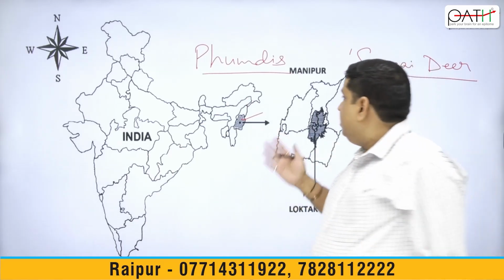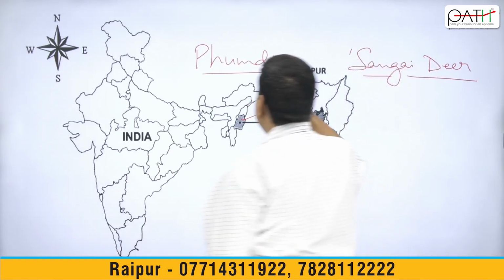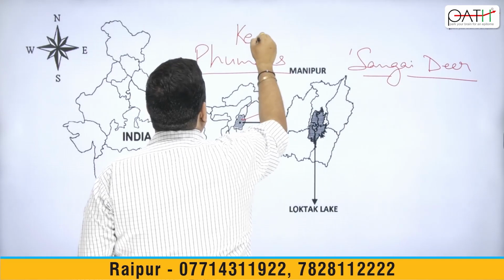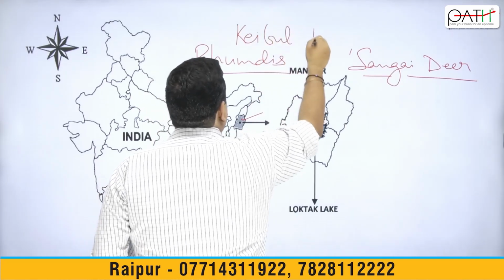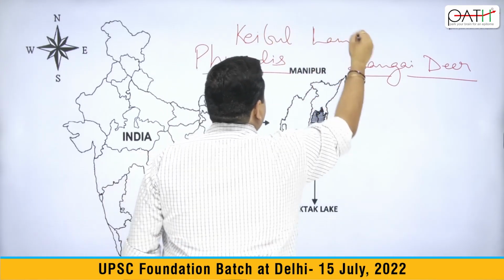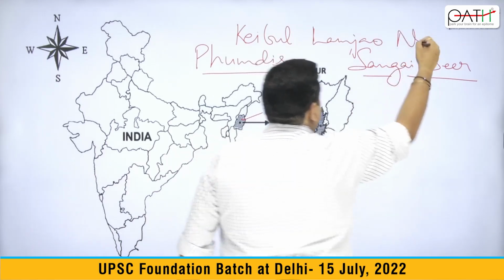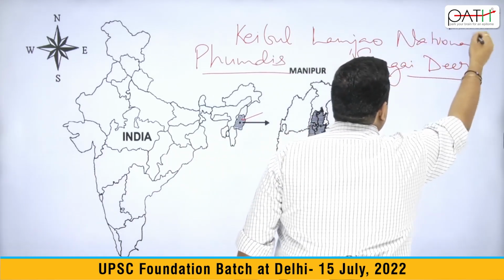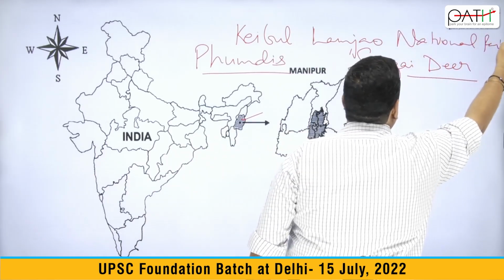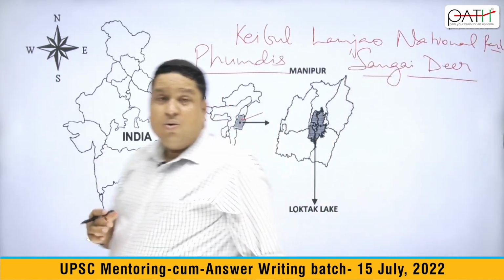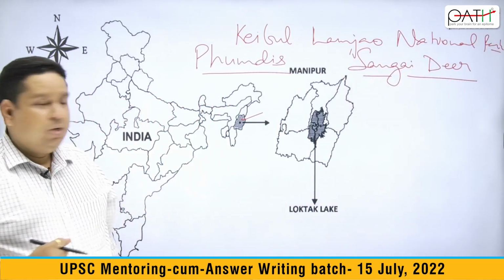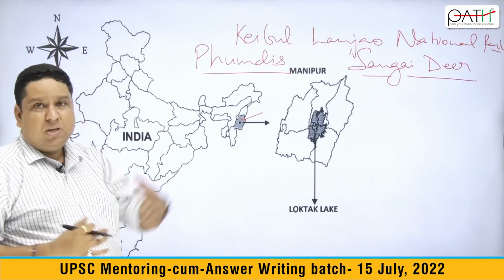Similarly, Kabul Lemjao National Park is also located here, and it is a UNESCO World Heritage Site. So these are the additional points you should keep in mind.